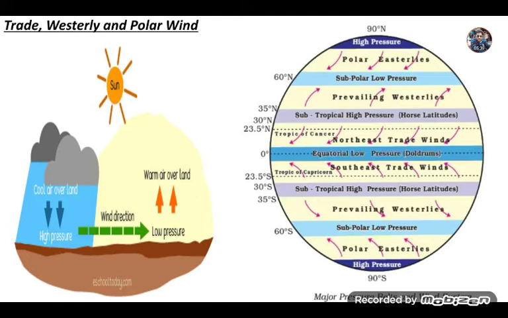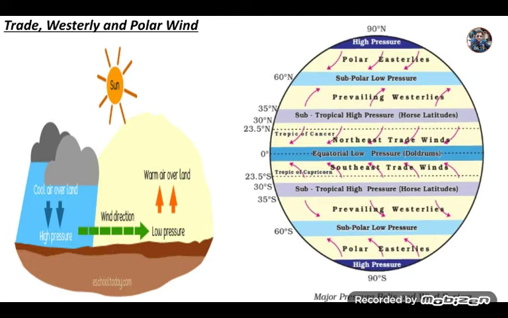And if you see the equatorial low pressure belt, that is also known as the doldrums. That part of the equatorial low pressure belt where the northeast trade wind and southeast trade wind meet at a point is known as the intertropical convergence zone. During the summer season, the intertropical convergence zone starts shifting towards the Tropic of Cancer, towards India, and this shift is followed by the trade wind.